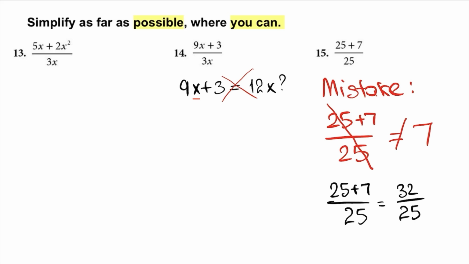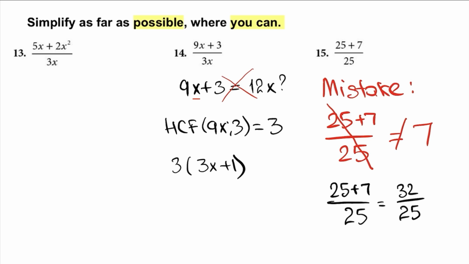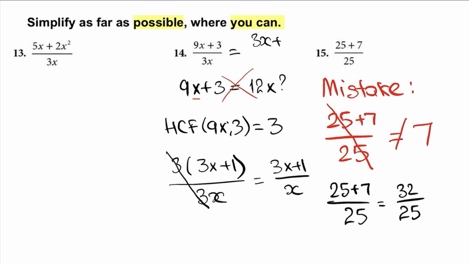First we find the highest common factor of 9x and 3, which is 3. So we take 3 out of the bracket. Inside the bracket, we get 3x plus 1, over 3x. Now we can simplify them, which will be 3x plus 1 over x. This is our answer for question number 14.